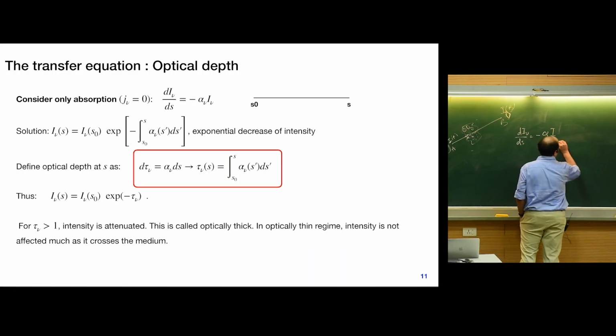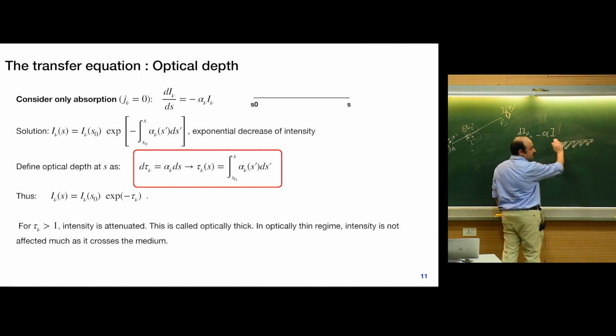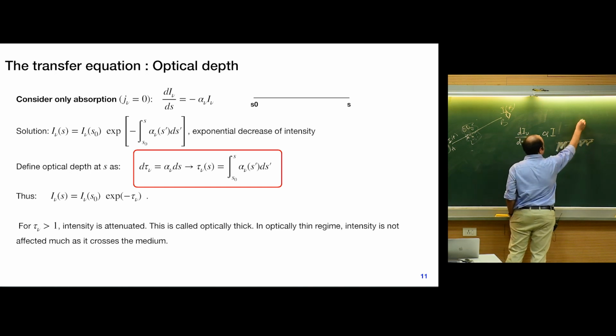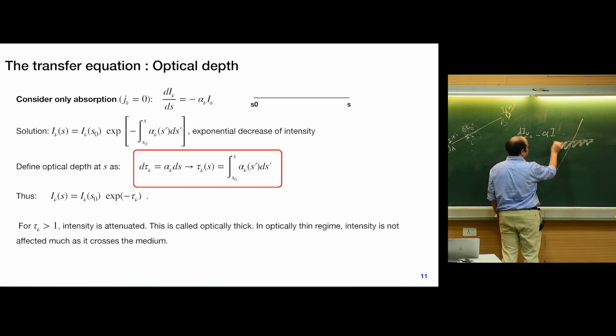Suppose this is a surface. And then outside the surface there is no medium. And then as soon as the ray comes and hits this surface, there is density. So density is 0 outside and starts from here. So suppose it's all background uniform density here.